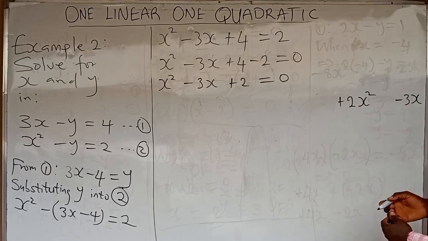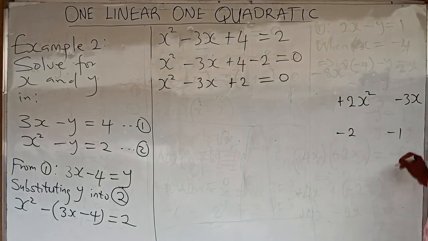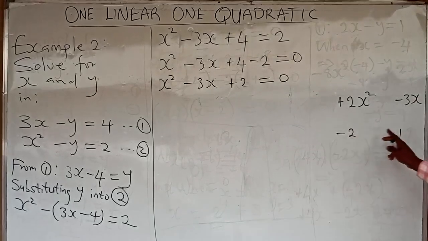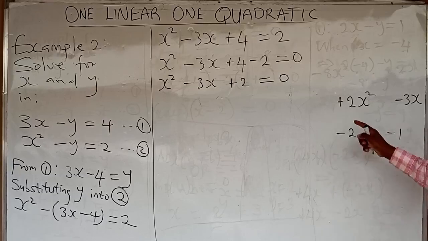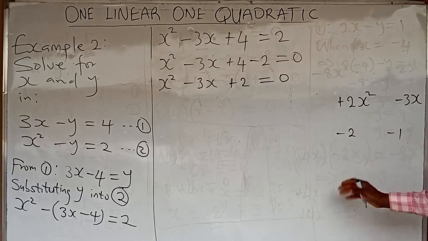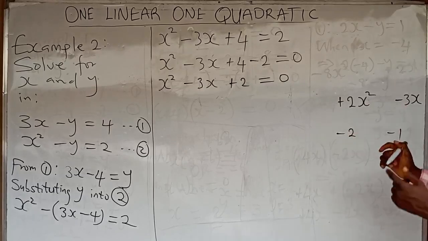The two numbers will be minus 2 and minus 1, because minus times minus will give us plus, and 2 times 1 will give us 2. Adding these two numbers together, minus 2 minus 1 will give us minus 3. So these two numbers solve our problem.